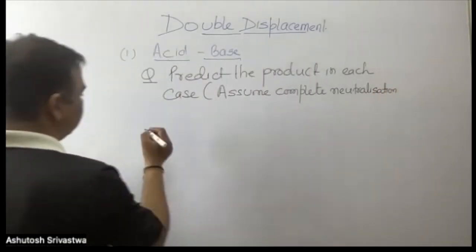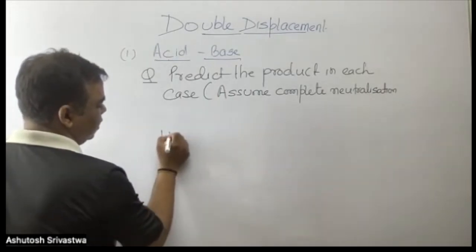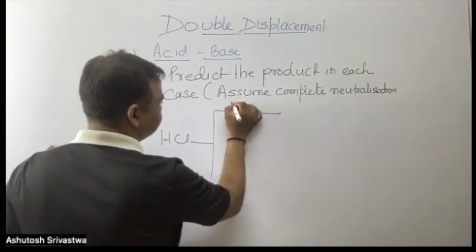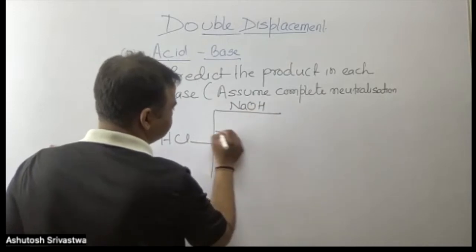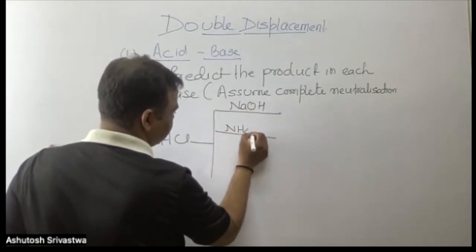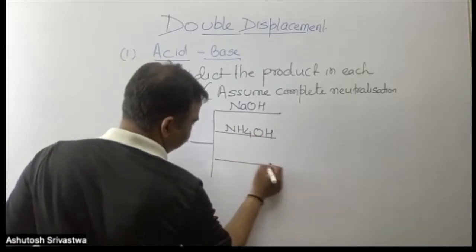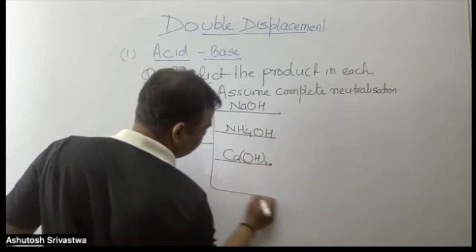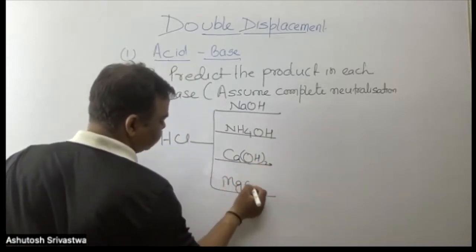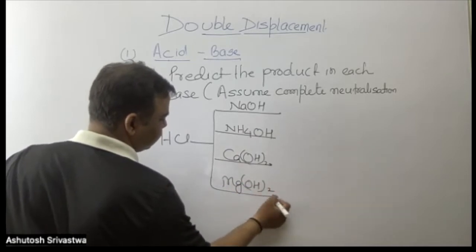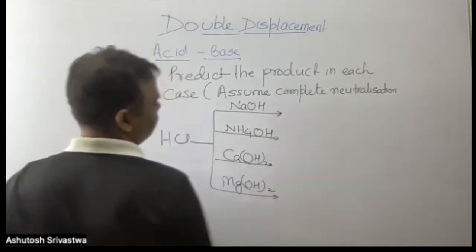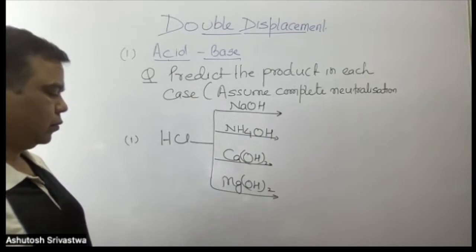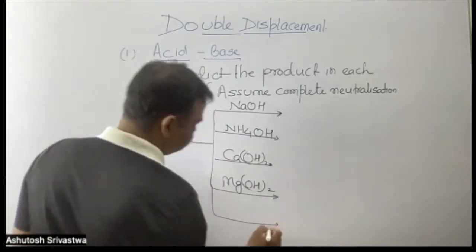Let us take HCl as the first one and react it with NaOH, NH4OH, calcium hydroxide, magnesium hydroxide, and one more, zinc hydroxide.